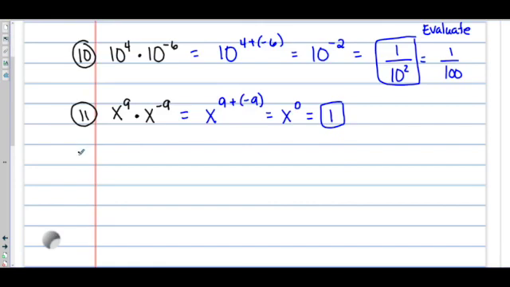Okay, number 12. We have 3x to the 5th power times 2x to the 2nd power.